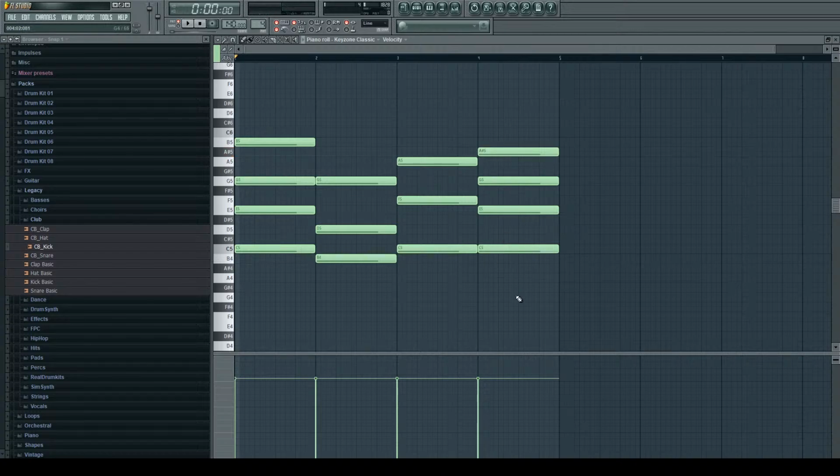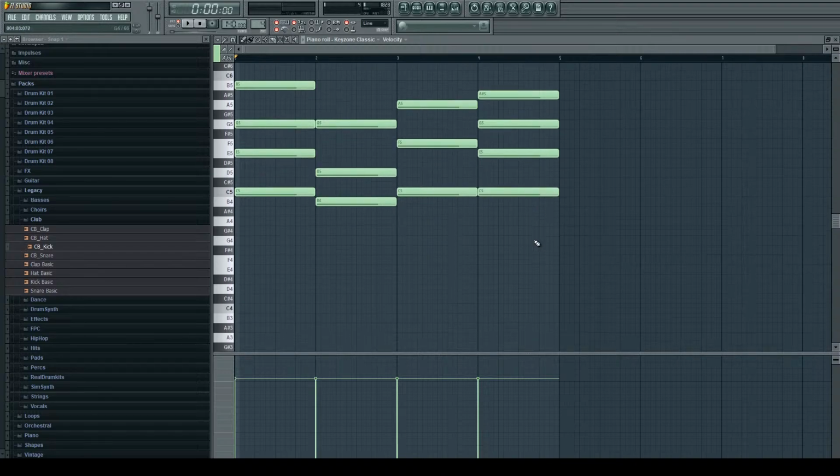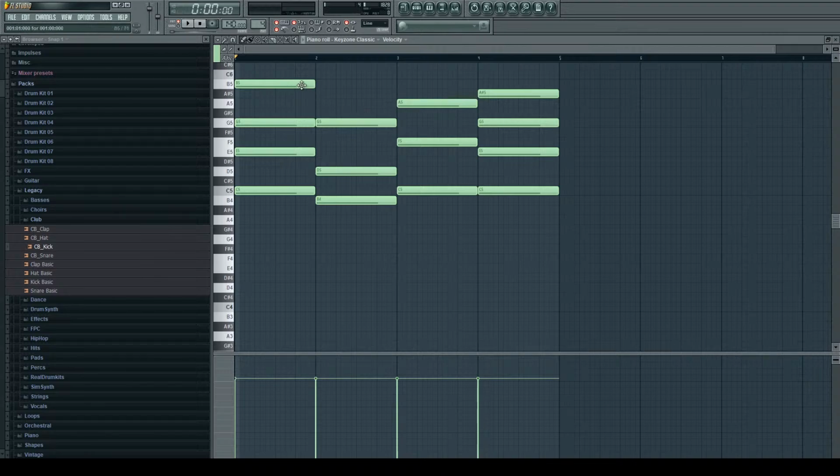Now that would be a dominant seventh. That's the sound. But if you add this, you can no longer go back to your C, or at least it sounds a little off.